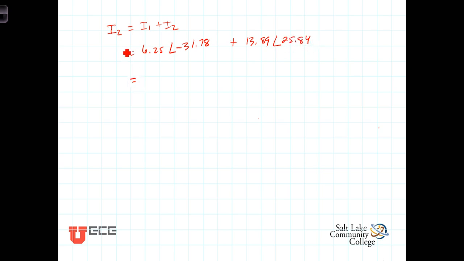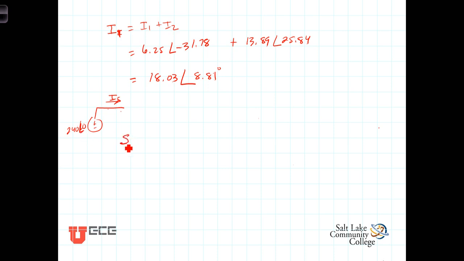That gives us a total current of 18.03 angle 8.81 degrees. So we had our source here, 240 angle 0, and the current coming from the source, I total, is this 18.03 angle 8.81 degrees.